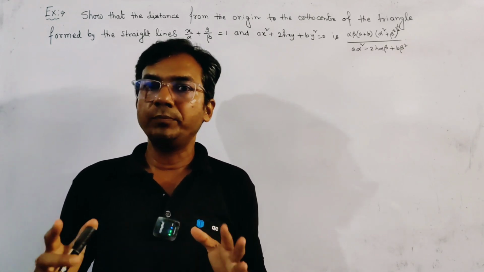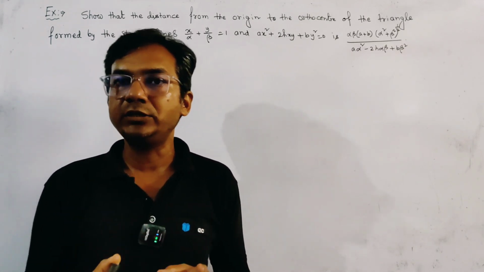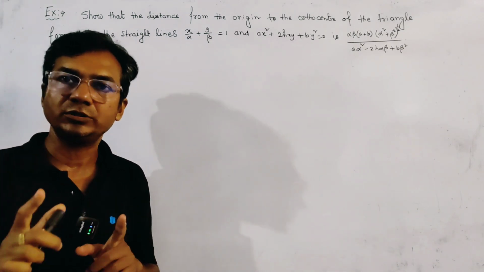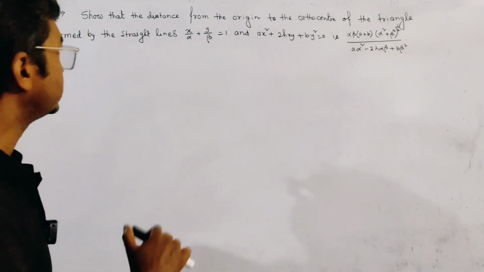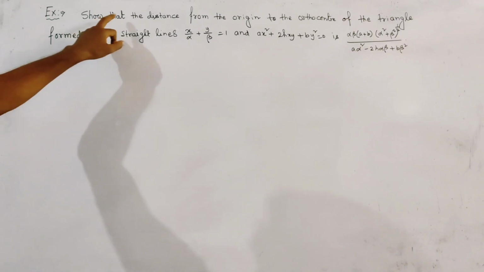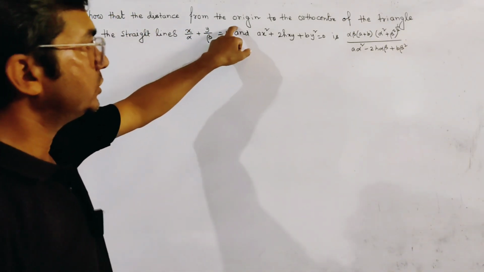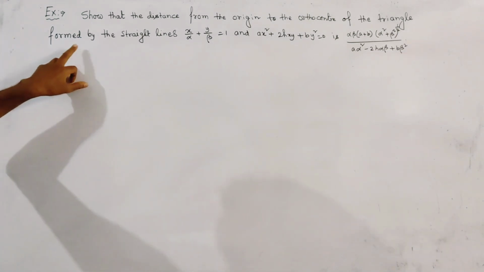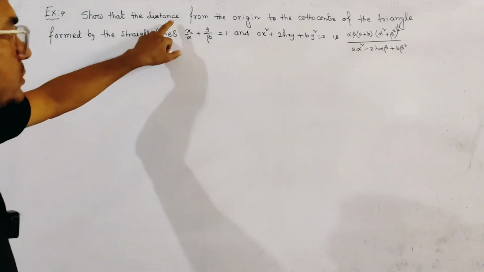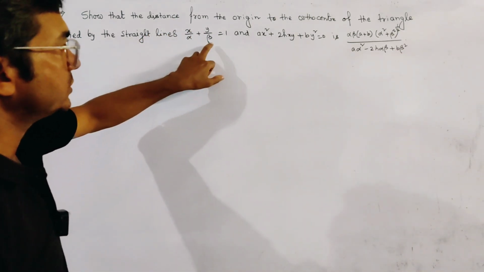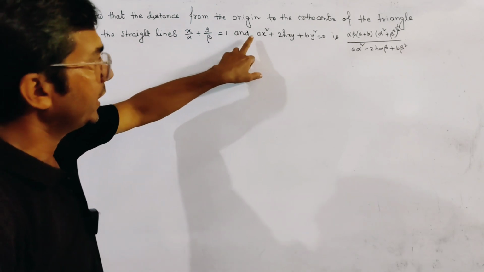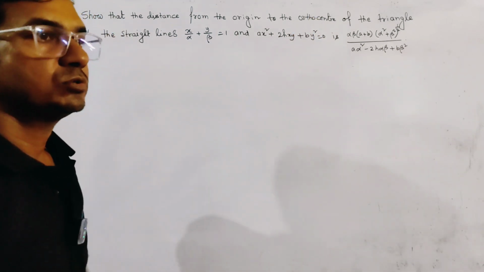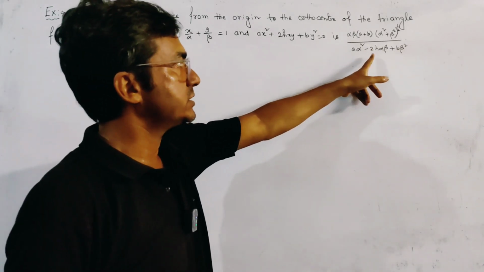A very important problem from your exercise of pair of straight lines, that is from two-dimensional geometry. The problem is to prove that the distance from the origin to the orthocenter of the triangle formed by the straight lines x/alpha + y/beta = 1 and ax² + 2hxy + by² = 0 is given by this result.